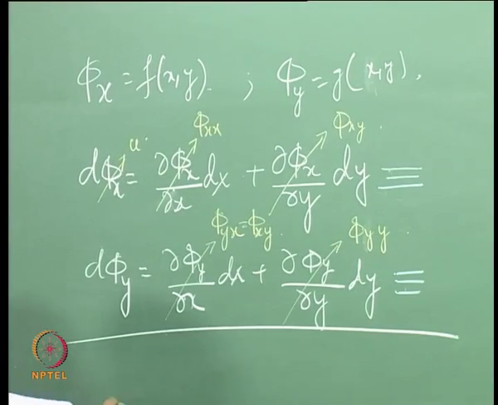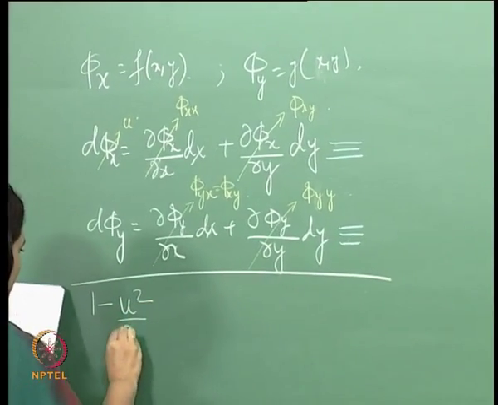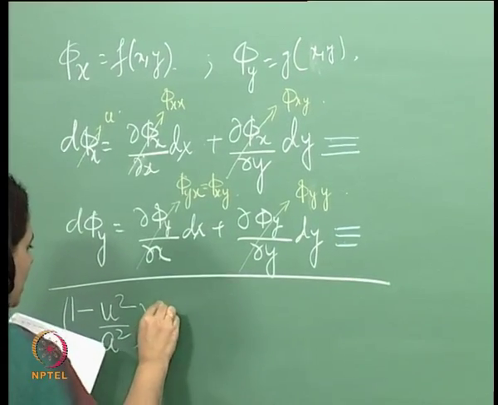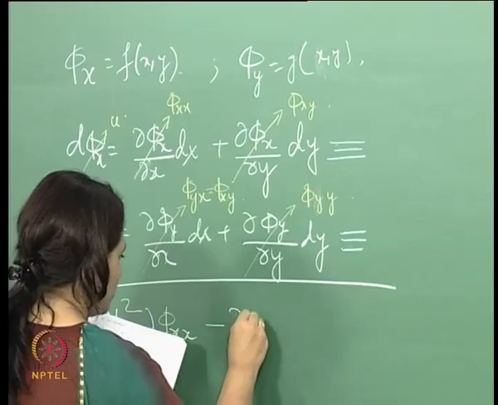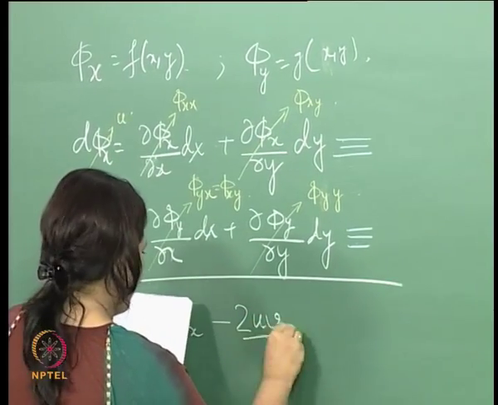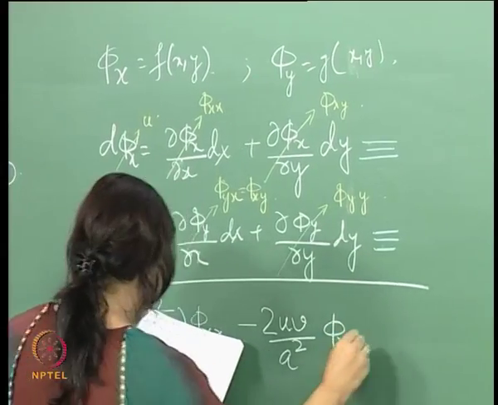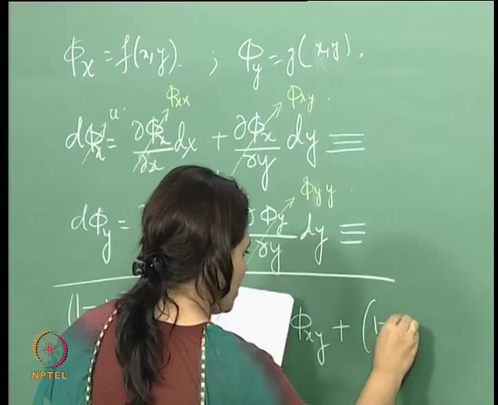So let us write that down. What we get is 1 minus u square by a square, del u del x is phi xx, minus 2 uv by a square is phi xy, plus 1 minus.